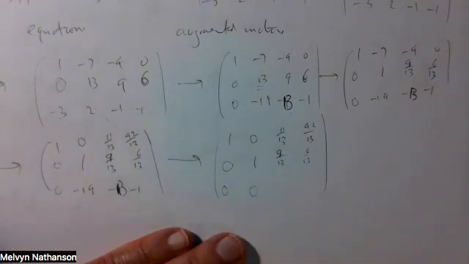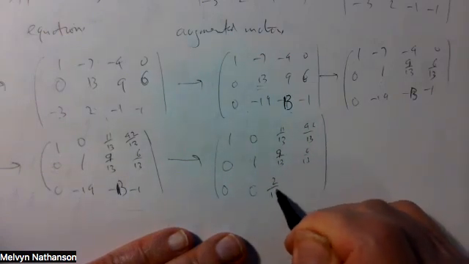So 19 times 9 is 171. 13 times 13 is 169. The difference is 2. So this is 2 over 13.